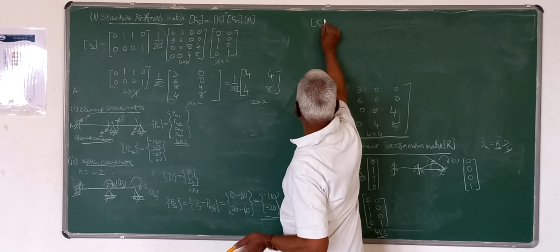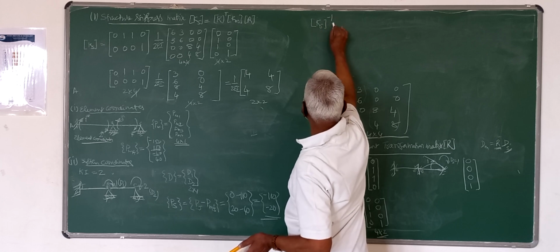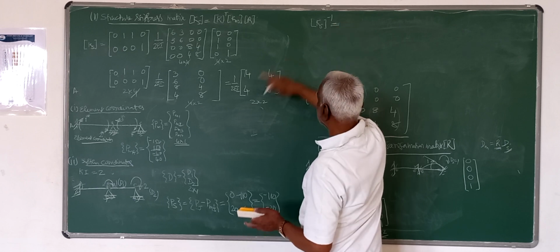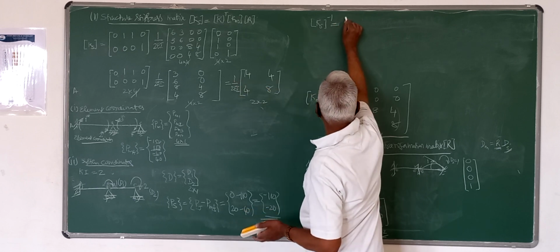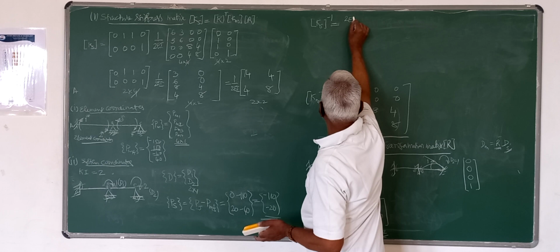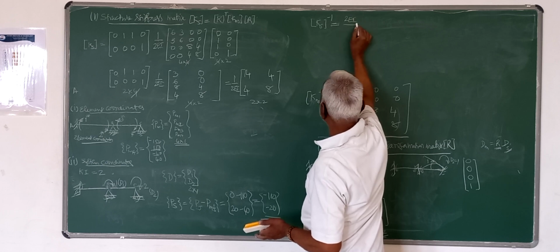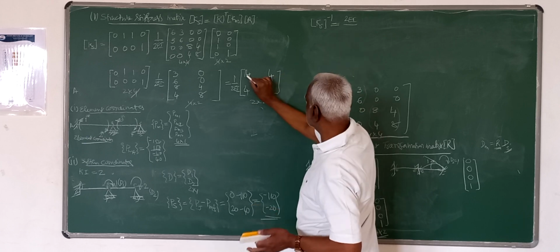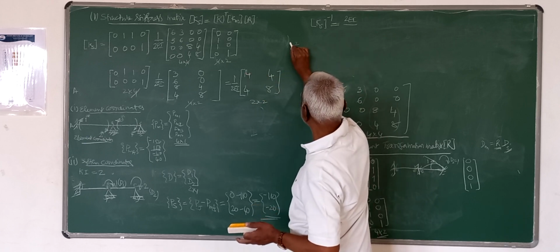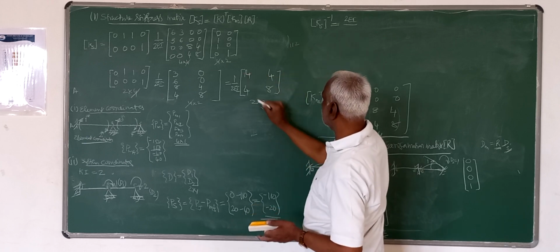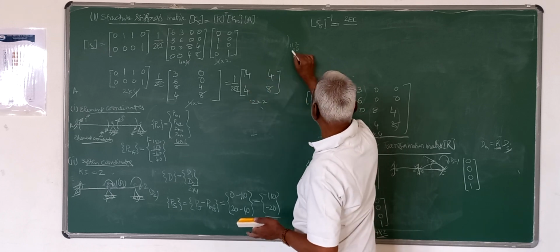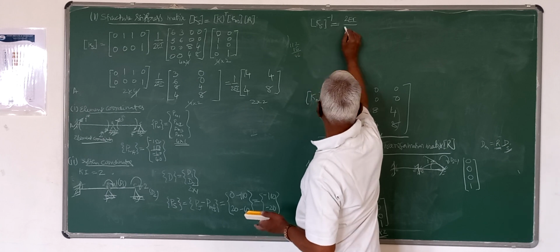So you find Ks inverse, that is the inversion of this, that is nothing but 1 over 2EI by 1, 2EI by 1. The determinant of this is 14 into 8, that is 112, minus 16, so that is 96.